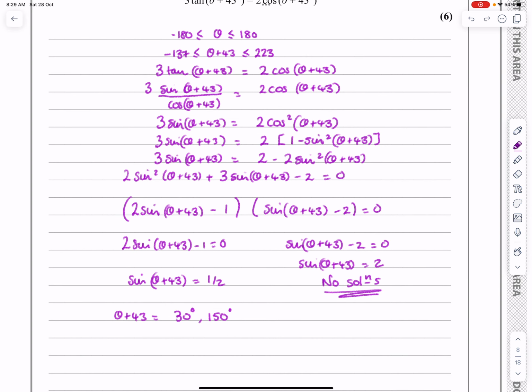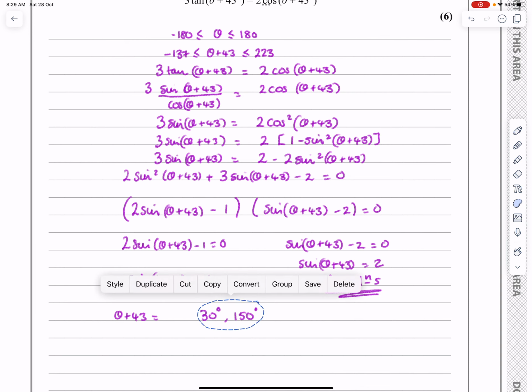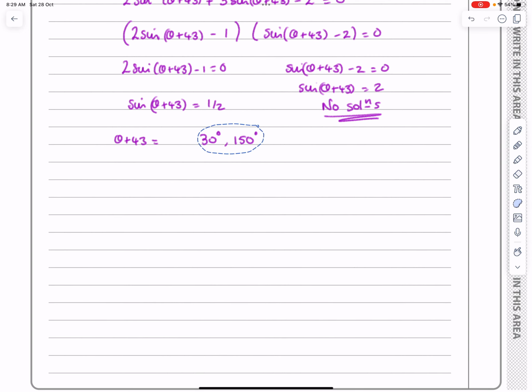What I could say is that because it's between plus and minus 180, if we're looking at the quadrants, all, sine, tan, cos, we get that sine is positive in those two quadrants. So it's only going to be from 0 to 180 that I'm going to have any of my answers here.